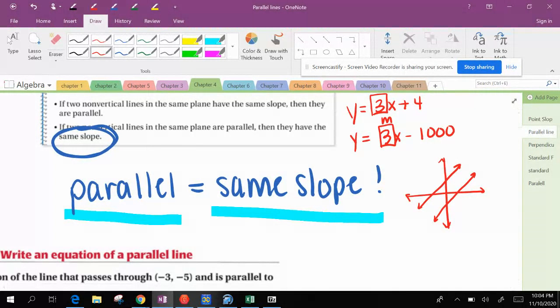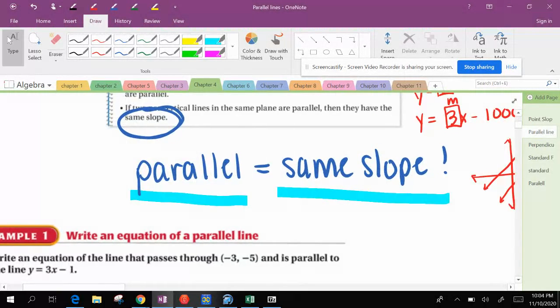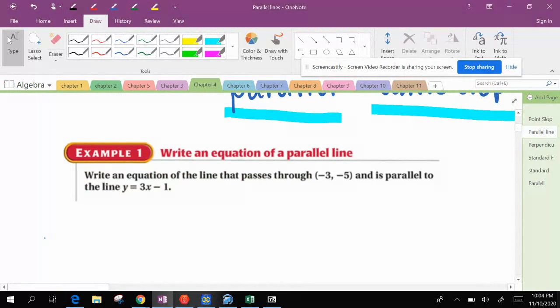So we're going to be creating parallel lines. I'm going to give you a point, I'm going to give you a slope, and I'm going to ask you to create an equation from it. Yesterday we were talking about point slope form, and the day before, and that's exactly what you're going to be using.